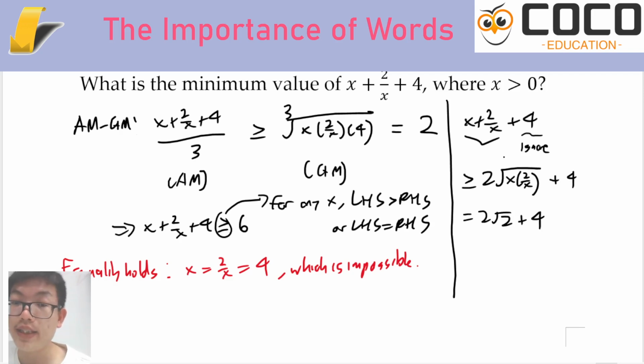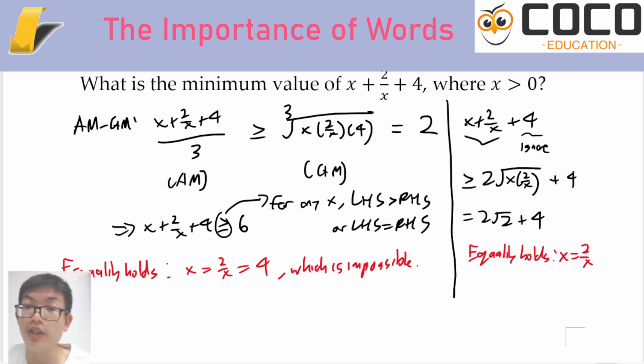Now, I conclude that this is greater than or equal to 2 square root 2 plus 4. Once more, we still have to check whether they can be equal. But this time they don't have to be equal to 4 because 4 has just been sitting happily on the outside minding its own business. So x is square root 2.